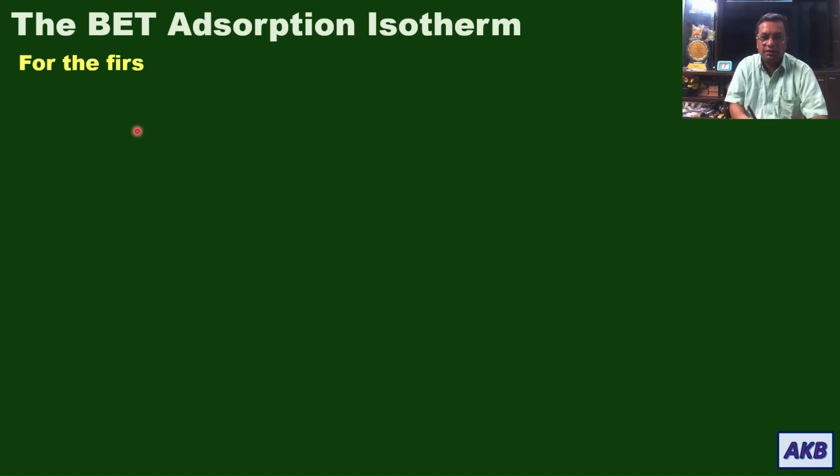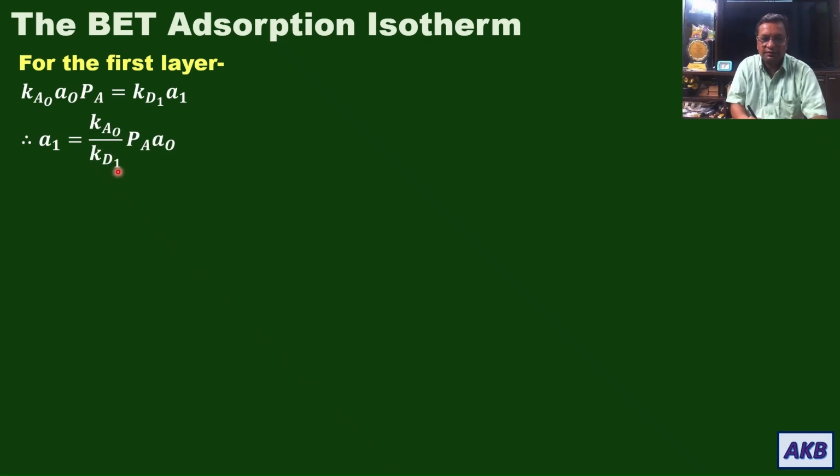Okay, so for the first layer, we have got this equation: Ka0 into A0 into Pa, that is equal to Kd1 into A1. From this I will write the equation for A1. So A1 will be equal to Ka0 upon Kd1 into Pa into A0. In the next step I will replace this group Ka0 upon Kd1 into Pa with alpha naught.